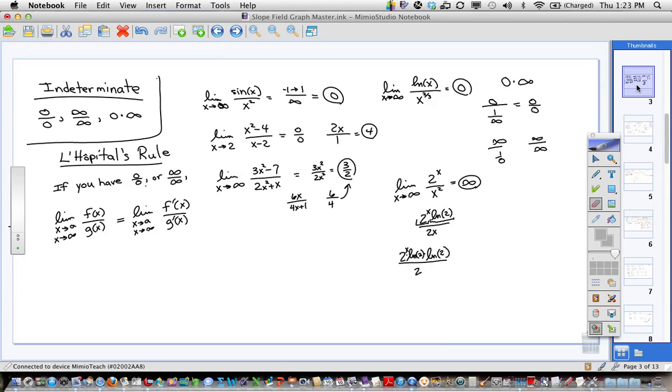Derivative of the top, 1 over x. Derivative of the bottom, 2/3 x to the negative 1/3. Now we need to do some simplifying here. Okay?